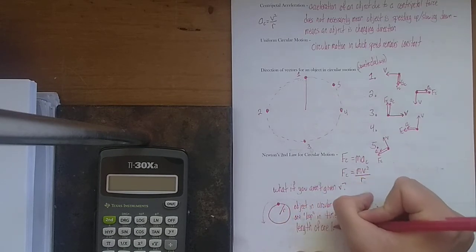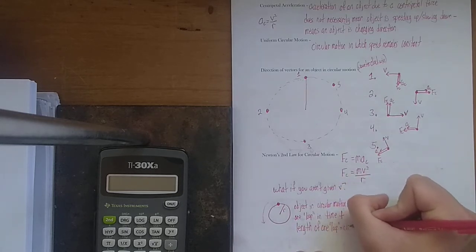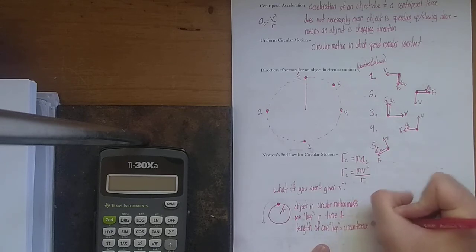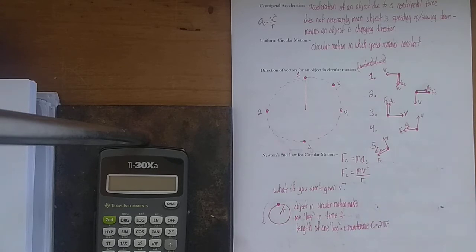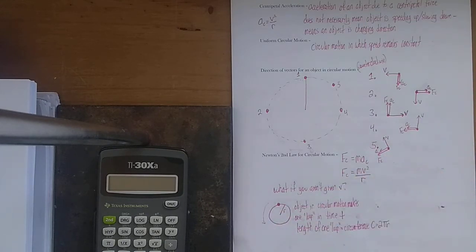Since the length of one loop is the circumference C, which is equal to 2 pi r, look what we have here. We know the circumference. That's really the distance that this travels. The circumference is a measurement of distance. The circumference is how far the object travels in a time t.